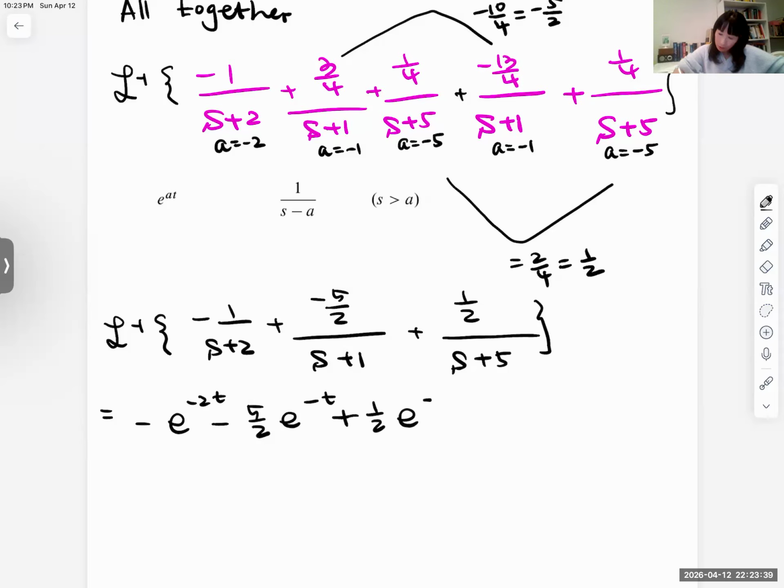Okay, then now we have the impulse part. We did it in the beginning. Don't forget, right? So we have this one, right?